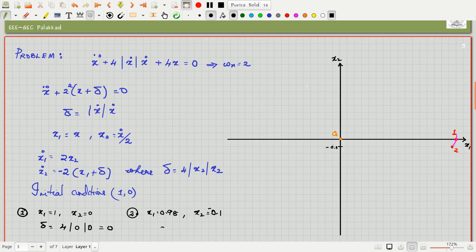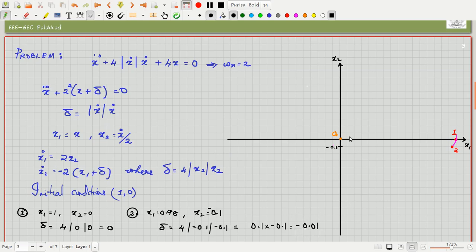So what would be delta of x2? It is 4 times the magnitude of 0.1, times the magnitude of minus 0.1 into minus 0.1, right? So it is 0.1 into minus 0.1, which is minus 0.01. So here I got a negative delta.